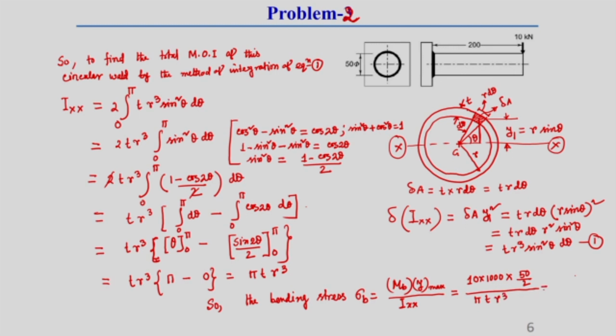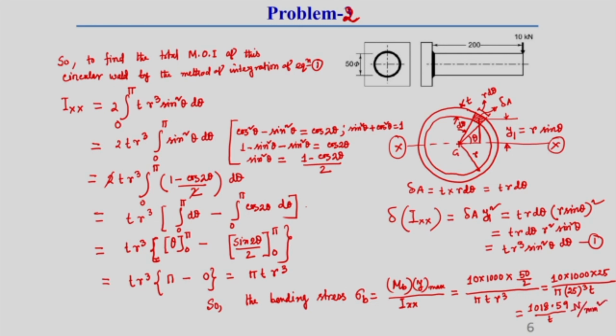So, if we put all these things, 10 into 1000 into 25 divided by pi, r is 25 to the power cube, into T, here we are getting sigma b equal to, directly I am showing this, sigma b here we are getting as 1018.59 divided by T Newton per mm square.